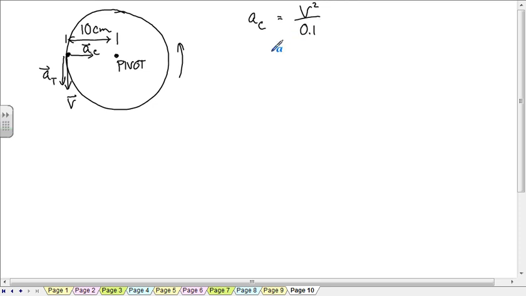The equation for the speed is the one that relates the angular velocity to the speed: the magnitude of the velocity is equal to the absolute value of omega times r.